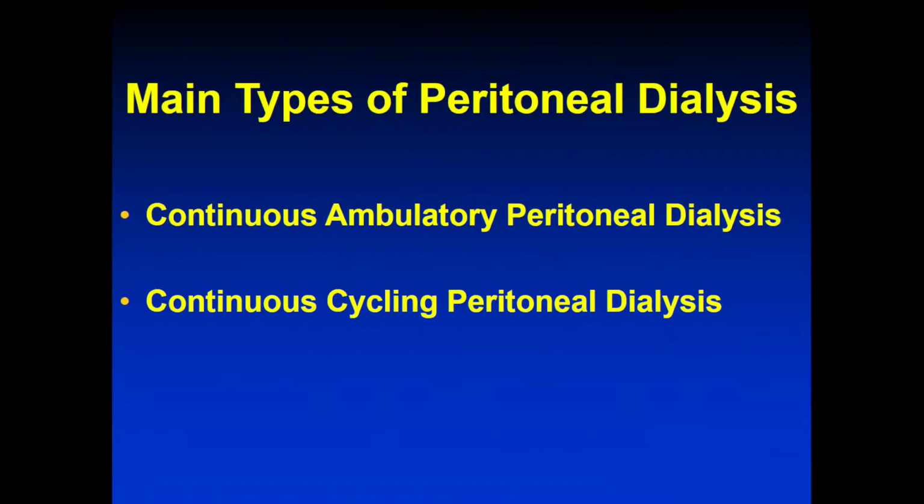The next, peritoneal dialysis. The main types of it are continuous ambulatory peritoneal dialysis and continuous cycling peritoneal dialysis.